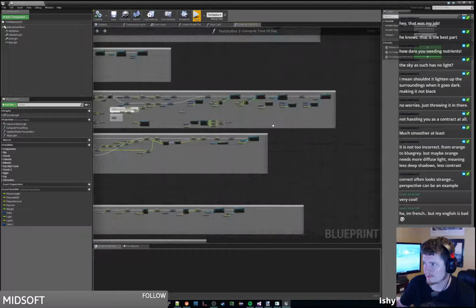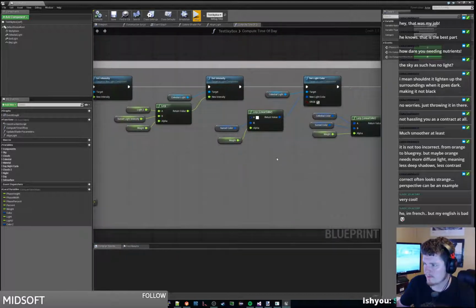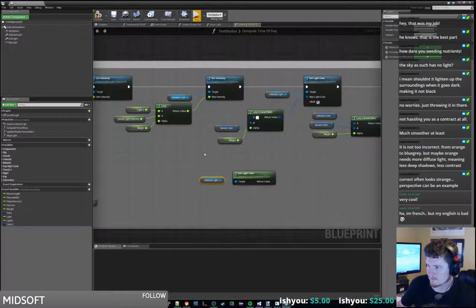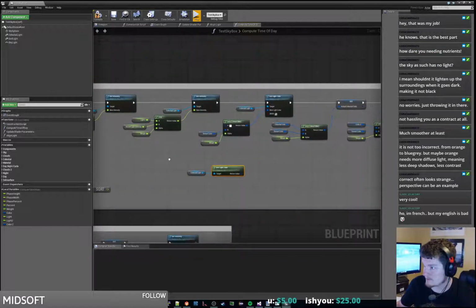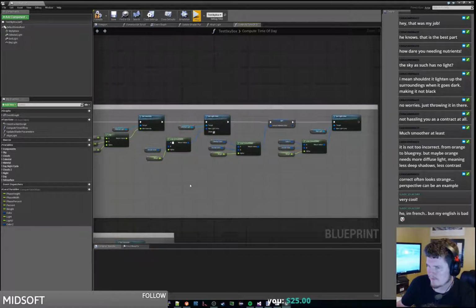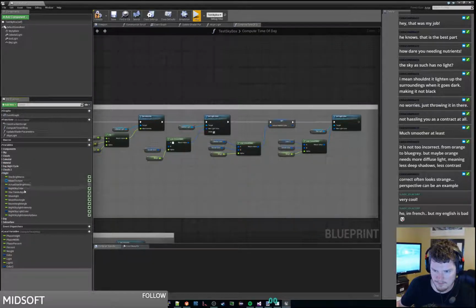Set subsurface color. The light color, celestial light color is getting set right here. Okay, so we're interpolating towards white. Do we have anything in here for the night light? Night sky color, night skylight color.